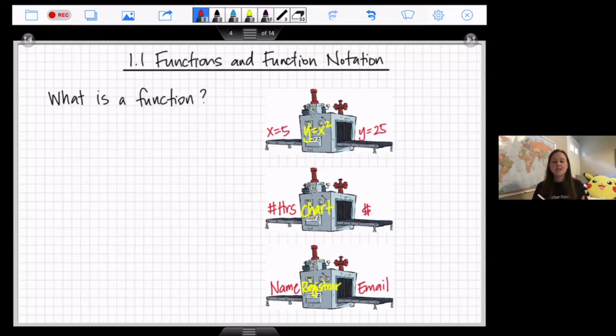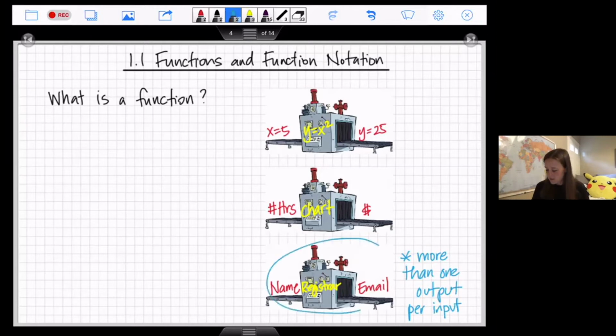So this one's going to give you possibly more than one output per input. If that's the case, you have a rule that might give you more than one output. This is not a function. So a function is a rule that associates with each input only one output.